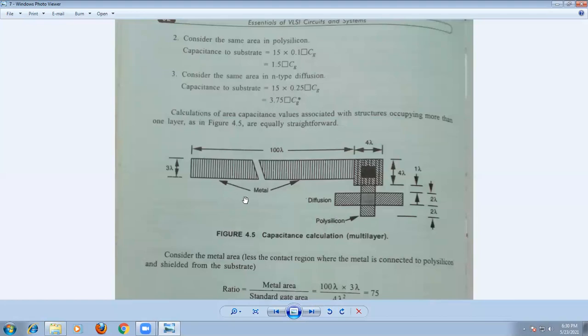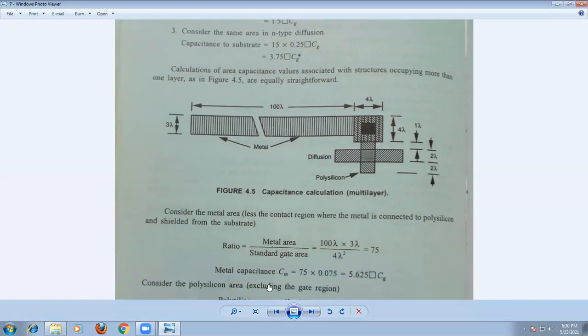Then how to calculate first? First consider the metal area. Once again, we are having 3 layers: metal, poly, and transistor. First, consider the structure is metal. What is the metal width and metal length here? The width is 3 lambda, and the length up to here is 100 lambda. Take that value. So what is the relative area of that metal layer?